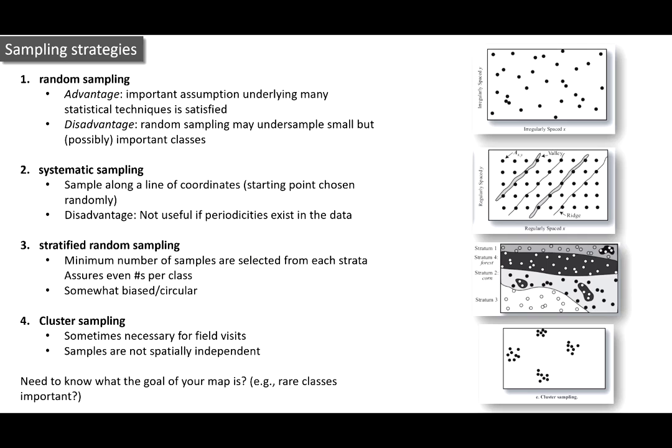So we won't dig into this too much, but it is important to reduce bias and include the full range of spectral variability of your class to have a good sampling strategy for both a training and a validation data set.